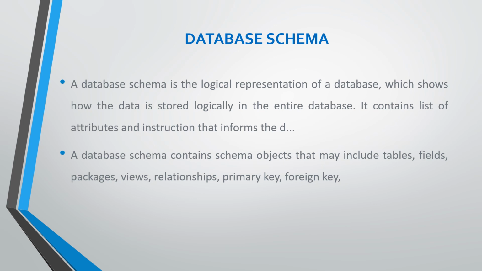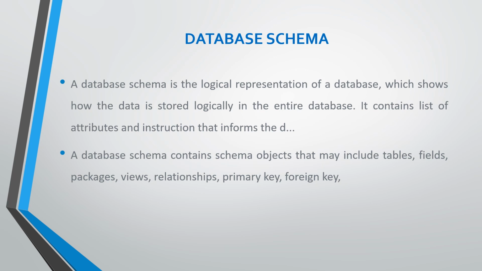Database schema. So what is a database schema? A database schema is the logical representation of a database, which shows how the data is stored logically in the entire database. The entire database consists of the list of attributes and the instructions in the form of tables.